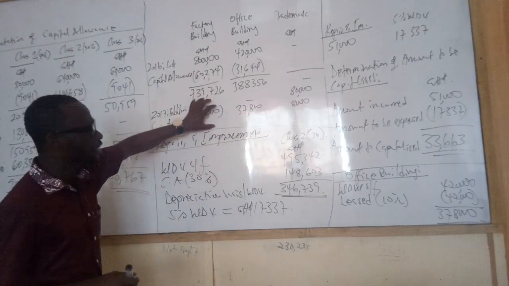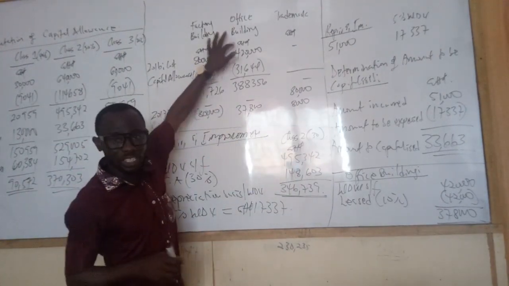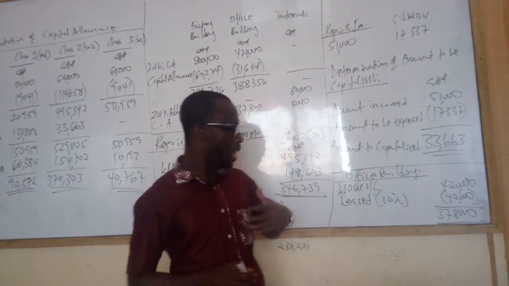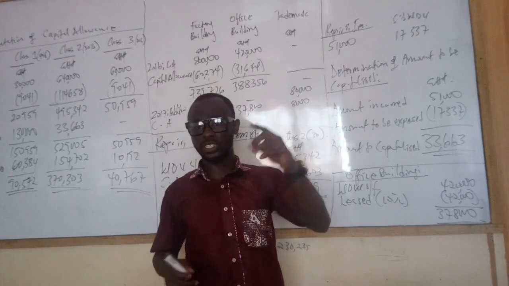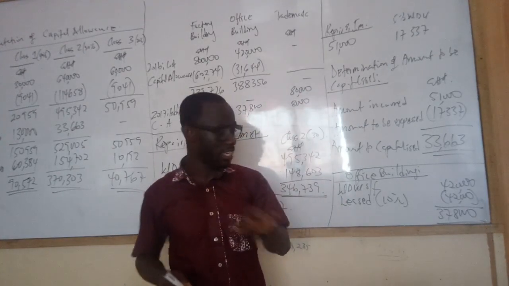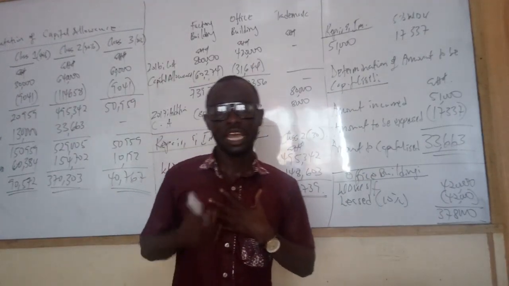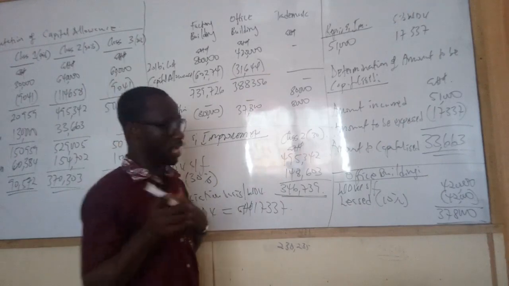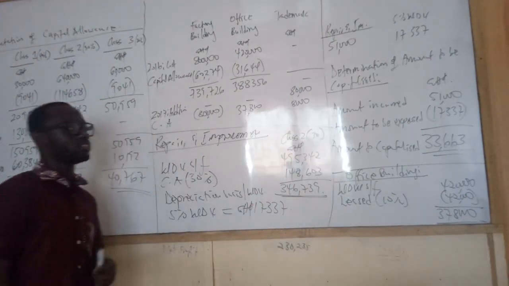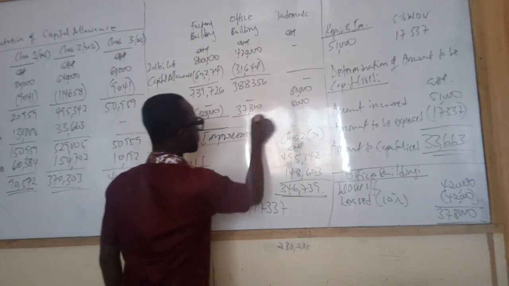So for 2017, the capital allowance calculation will not be on the 420, because if we have leased out the assets, we aren't going to depreciate it any longer, or we are not using it for business purposes. As such, we cannot claim what? Capital allowance. Are you getting the idea? So we will claim capital allowance on the part of the office building that we are using as a company ourselves. And so 10% of this becomes 37,800.